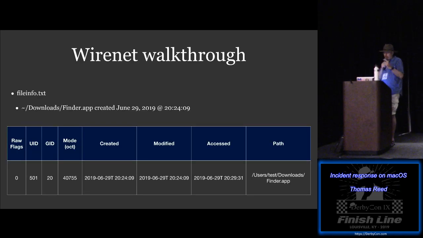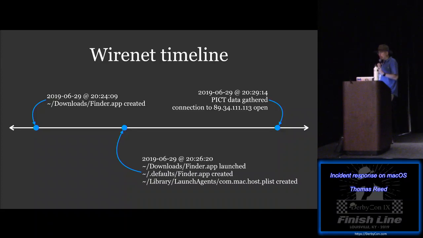And so we can go and look at that finder.app in the downloads folder, see when it was created, which gives you more information about the timeline. This one's pretty simple, so that's pretty much the timeline here.